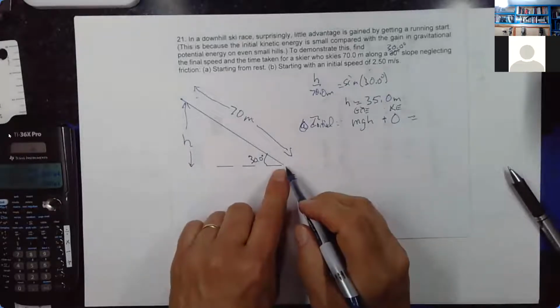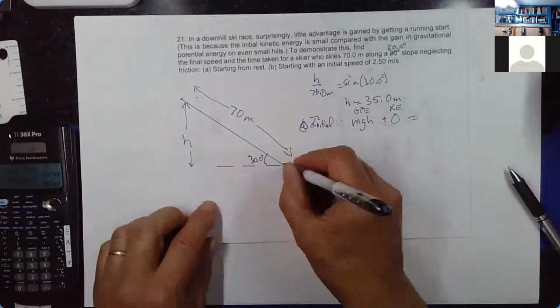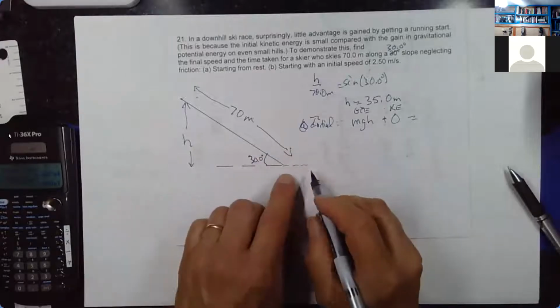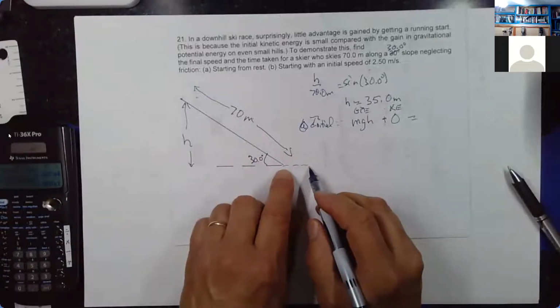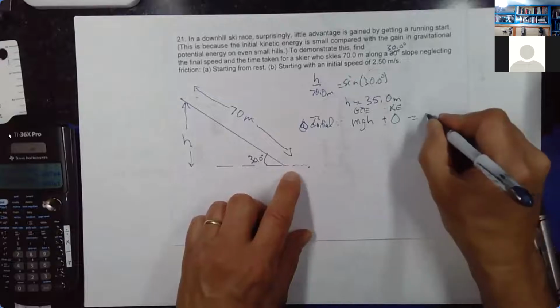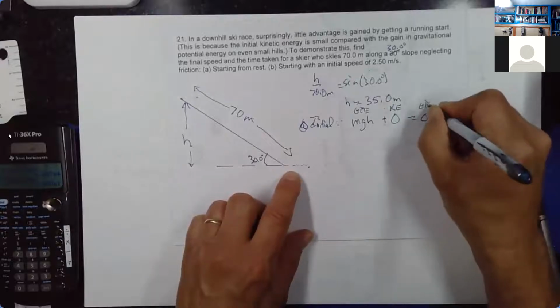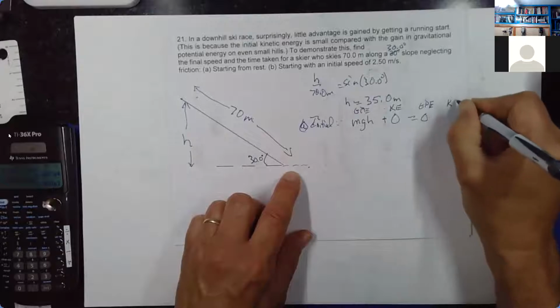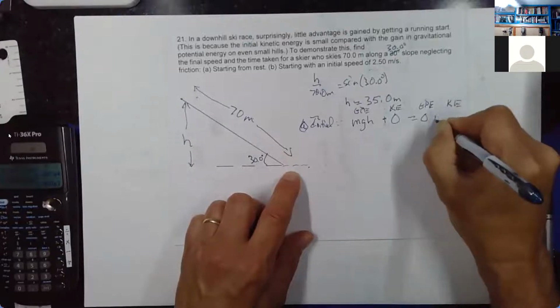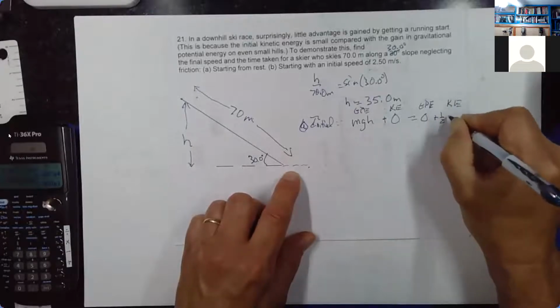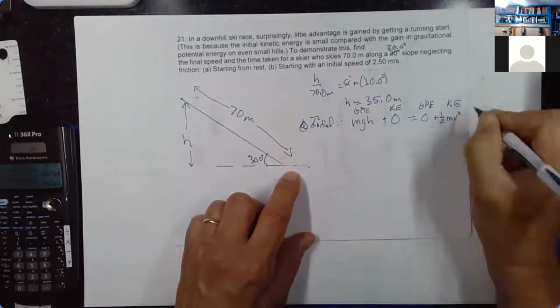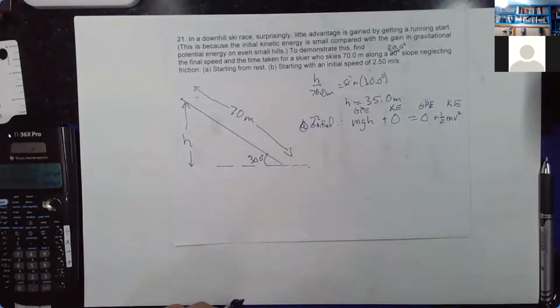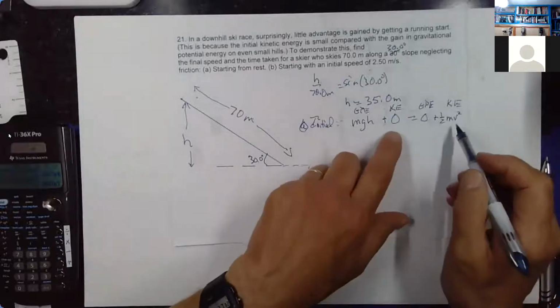When they get down to here, they don't have any gravitational potential energy anymore. I chose this to be the height where gravitational potential energy is equal to 0. So they would have 0 gravitational potential energy, and then they would have kinetic energy down there, plus 1/2 mv squared. And we can figure out how fast they're going to be going at the bottom.